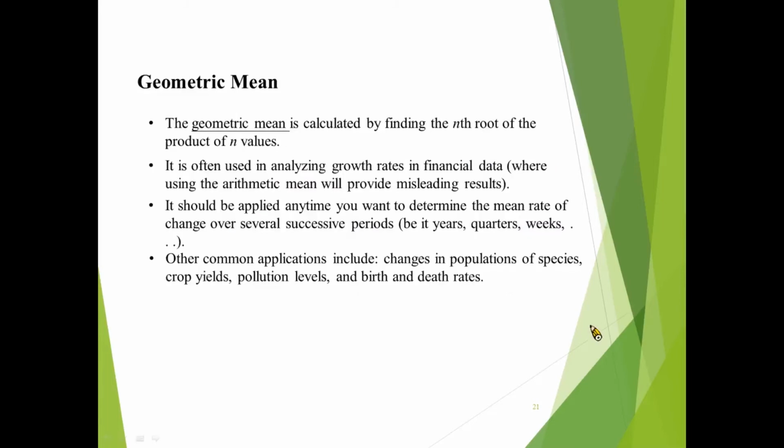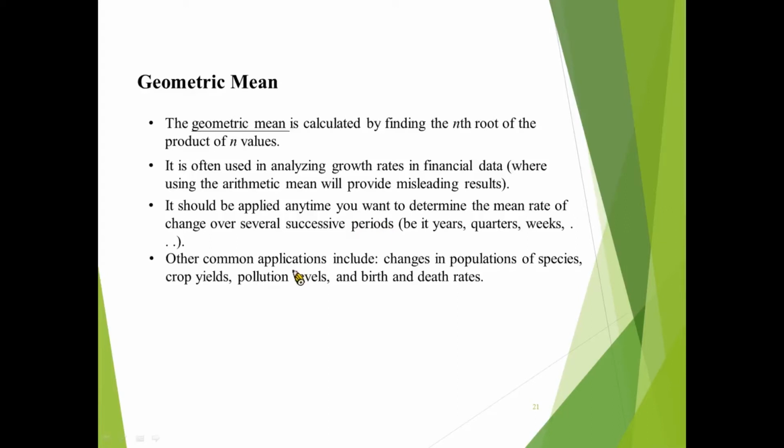Okay, another one is the geometric mean. The geometric mean is calculated by finding the nth root of the product of n values. It's often used in analyzing growth rates in financial data. Okay, and this applies anytime you want to determine the mean rate of change over several successive periods.